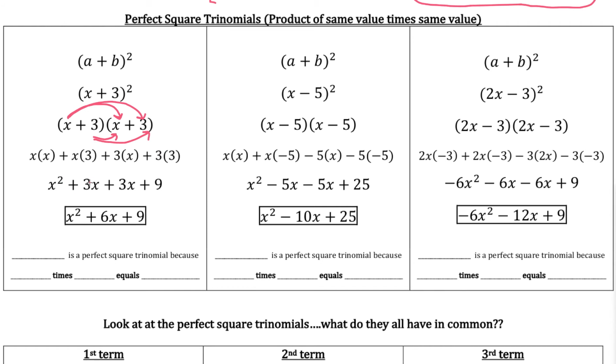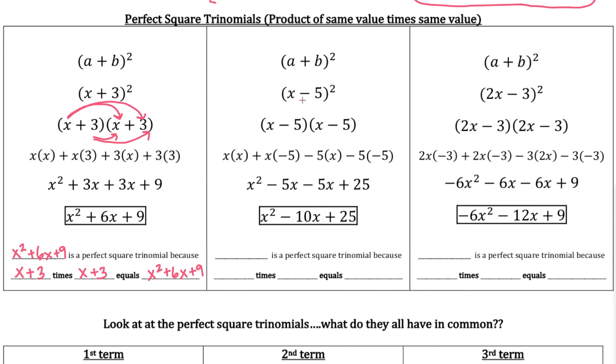And we have an x squared, and all that stuff. So we can say that x squared plus 6x plus 9 is a perfect square trinomial because x plus 3 times x plus 3 equals x squared plus 6x plus 9.